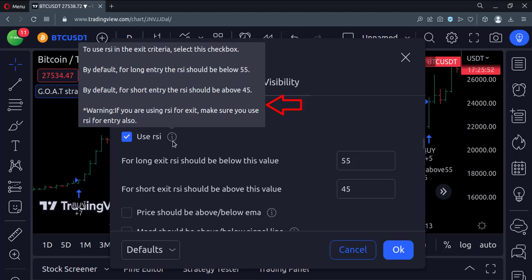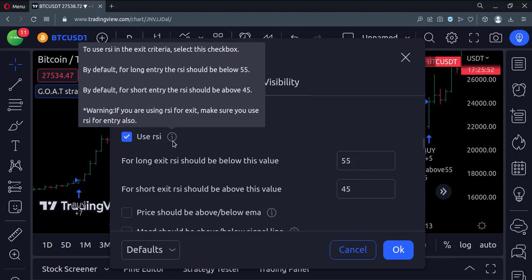Always remember that, if you choose some exit or stop-loss criteria from the following list of indicators, then make sure that the same option or the same indicator is also used for entry criteria also. For example, if we are going to use the RSI as a stop-loss indicator, then we must use the RSI in the entry criteria also.